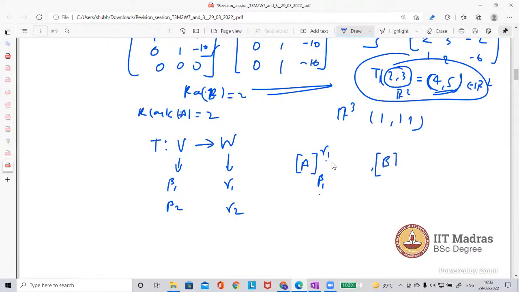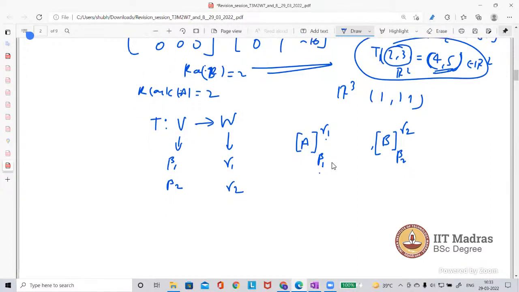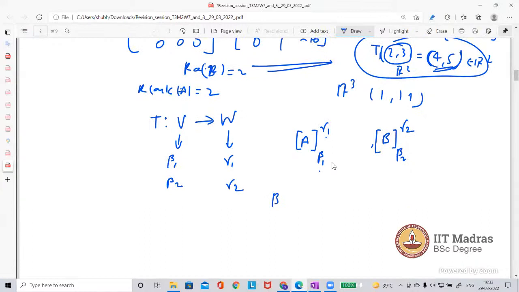And matrix B is with respect to beta 2 and gamma 2, meaning for the domain the basis is beta 2 and for the codomain the basis is gamma 2. Now I'm writing it in equivalent form to remember that.